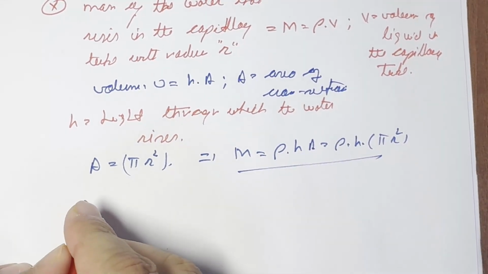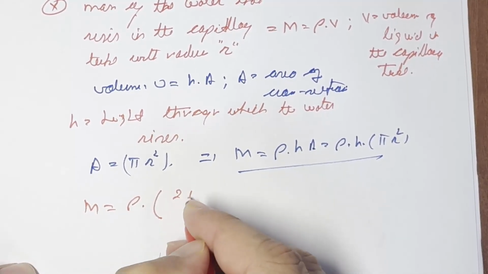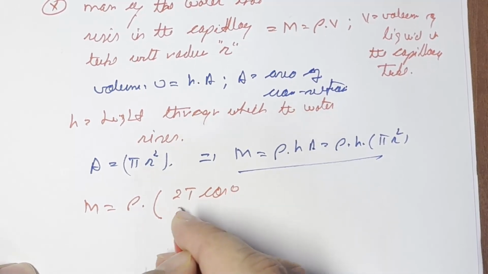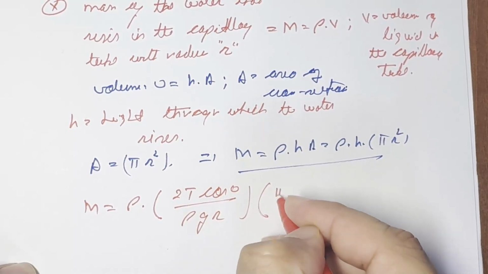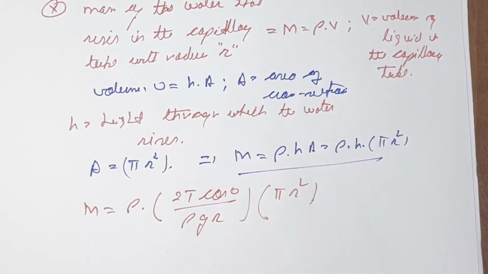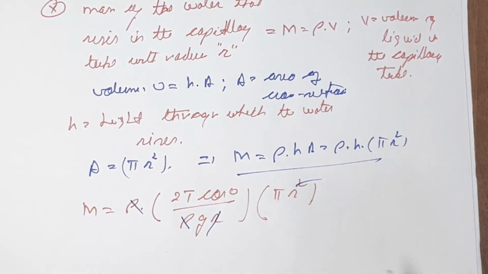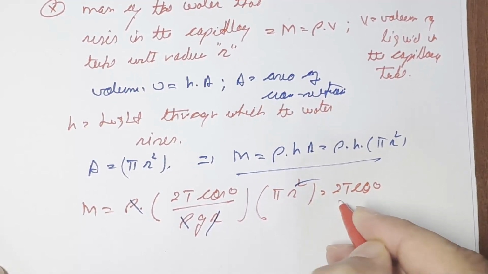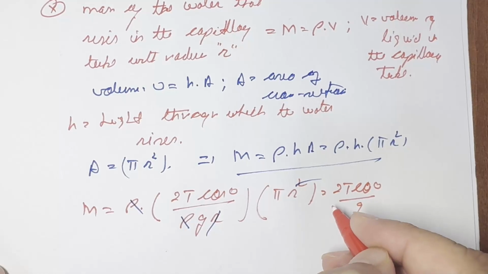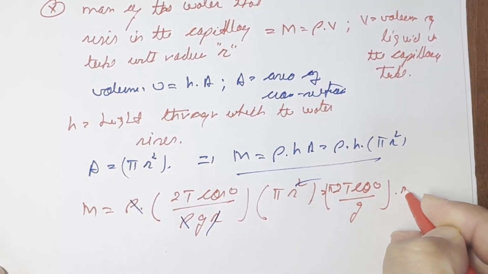So mass is equal to rho multiplied by 2T cos theta divided by rho g r, multiplied by pi r square. Here rho cancels and r cancels with the square, so we are left with 2T cos theta divided by g, pi is also there, and multiplied by r.